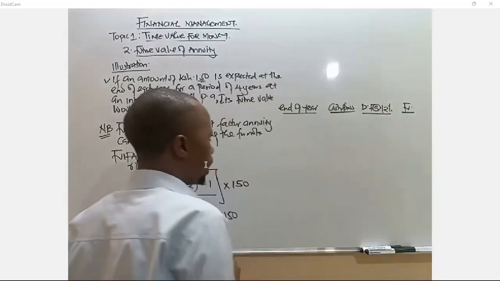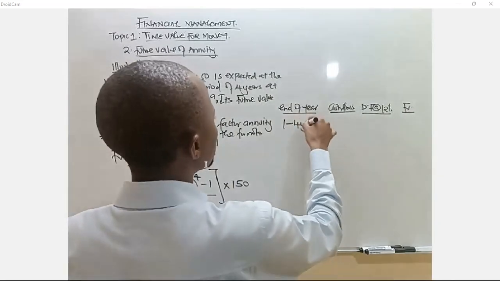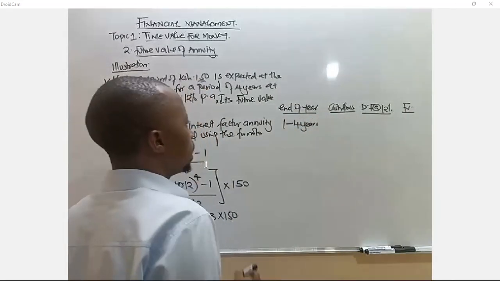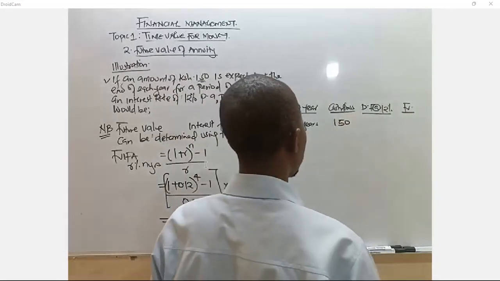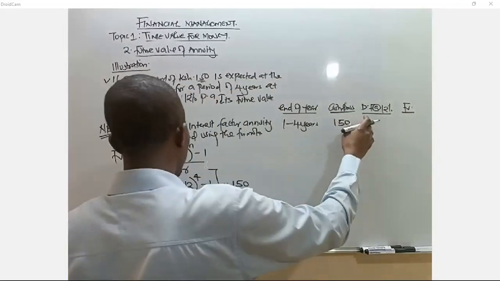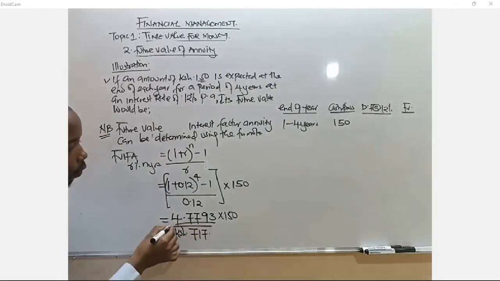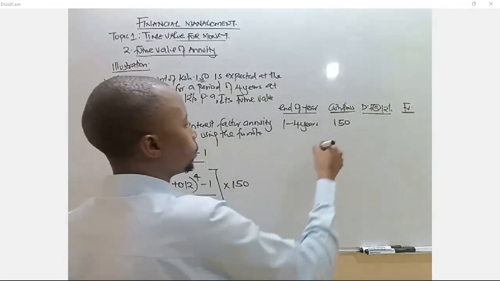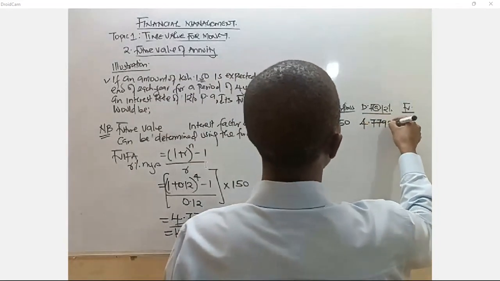So remember, from year 1 to year 4, we are going to be receiving, this is what it means for an annuity, a cash flow of 150, right? What is the discount factor? How much did you get here? We got 4.7793. Right?